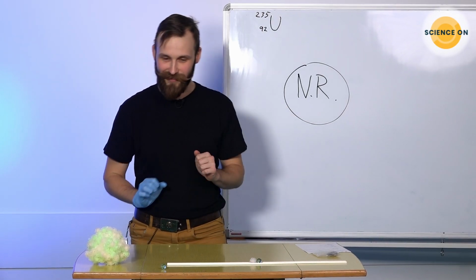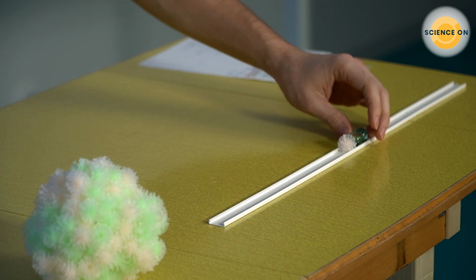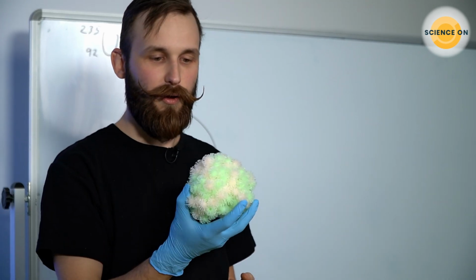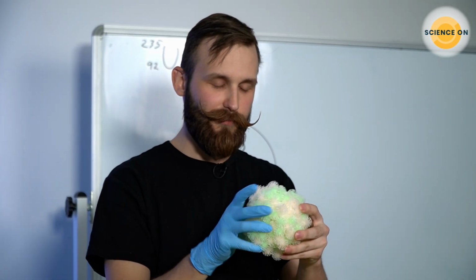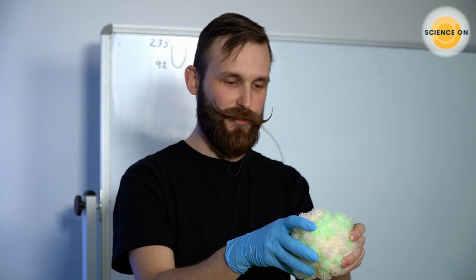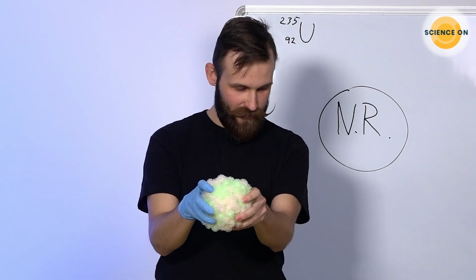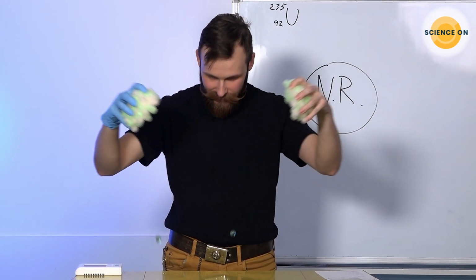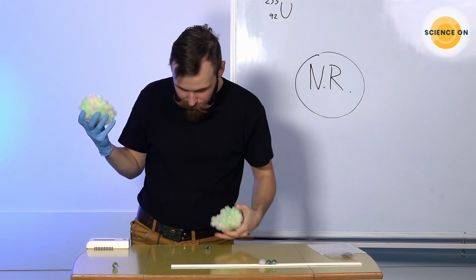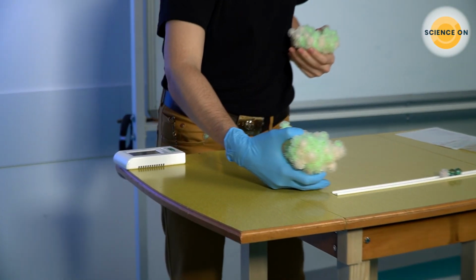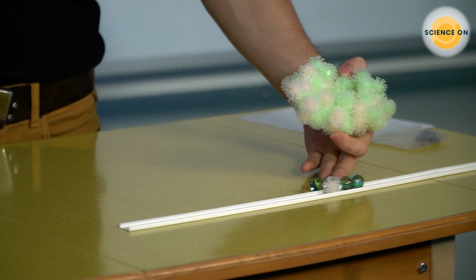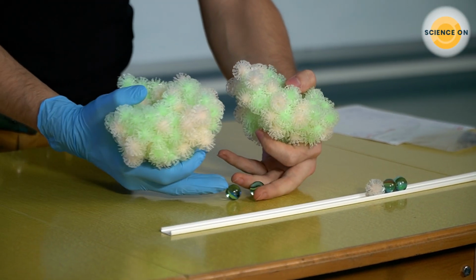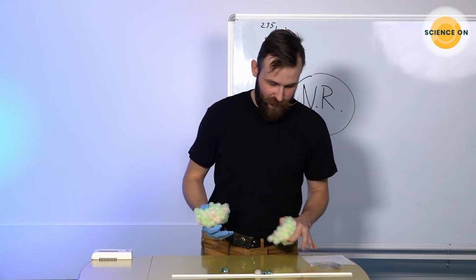Now it happens. And the uranium core will just break apart. This is called fission. And after this reaction, two or three, or sometimes one, new neutrons start moving around from this fission reaction.